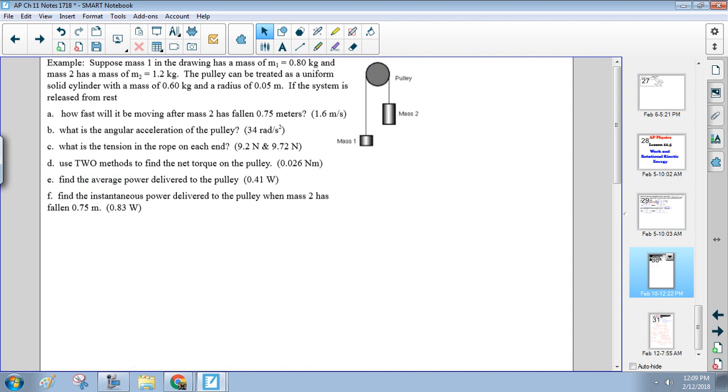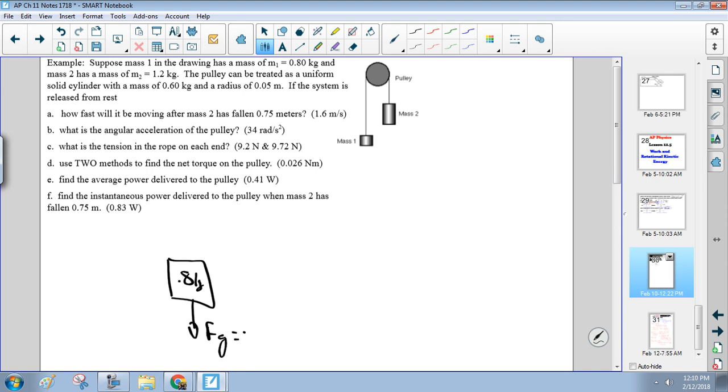All right, so for the 0.8 kilogram thing, here's what I know. I know that my force of gravity is 7.84 newtons, just 0.8 times 9.8. I know there's a tension force here.